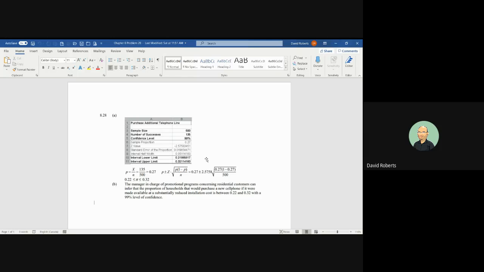If you are not given the population standard deviation, then you use t-scores, which would be the sample confidence interval. And in this particular case, you have a proportion, which is going back to z-scores.